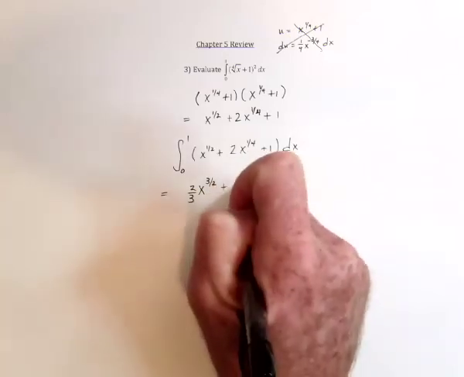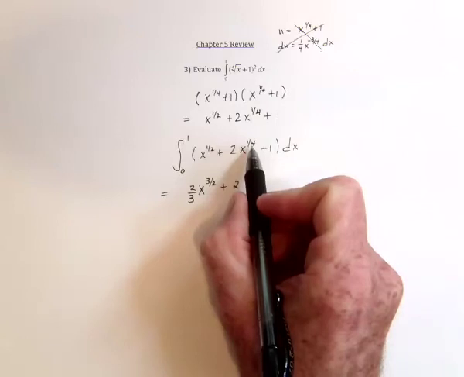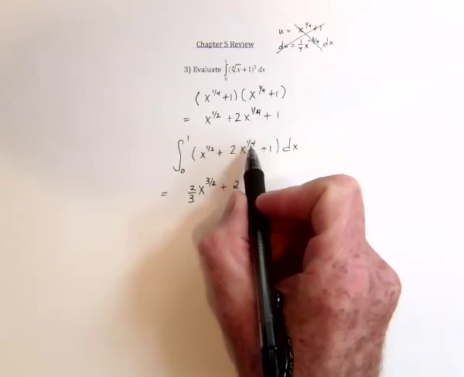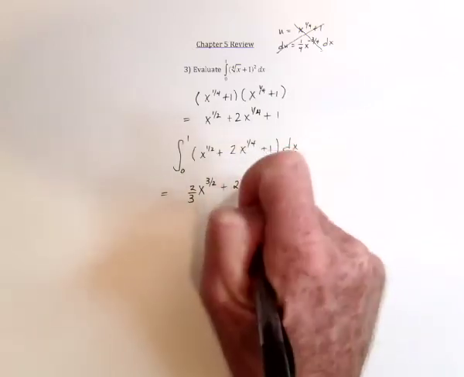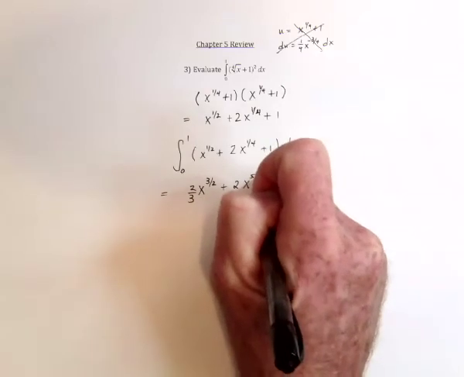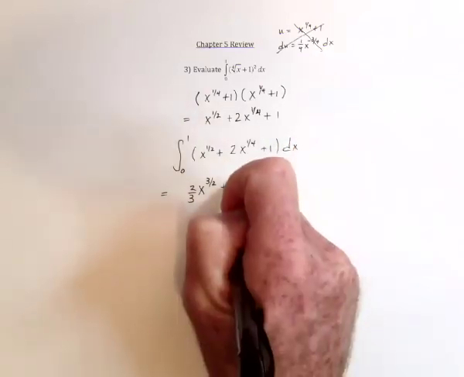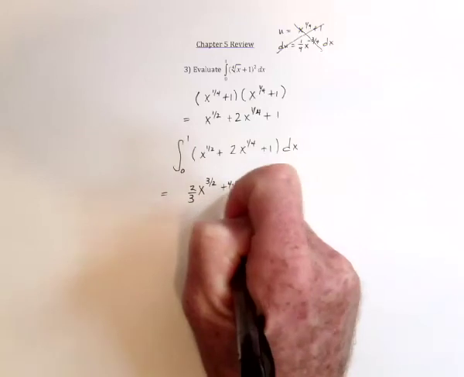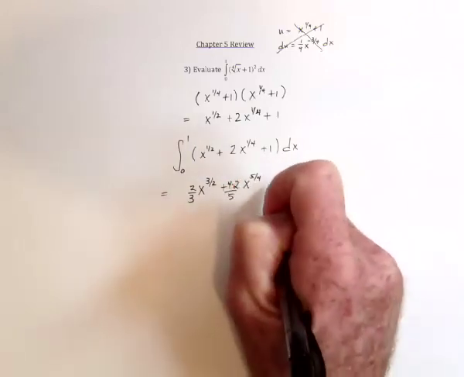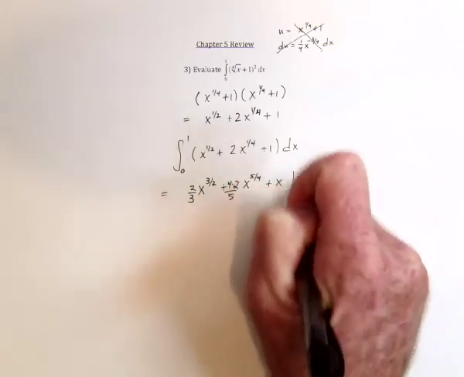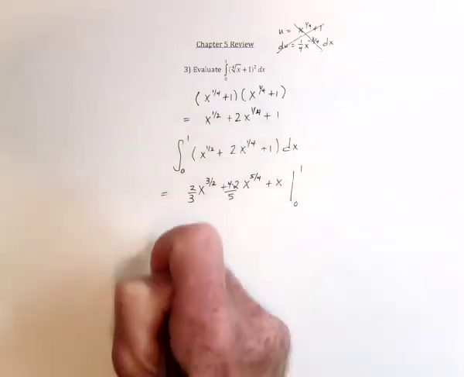The next one becomes add 1, so it's going to be 1 1/4, which is 5/4, and then invert and multiply by 4/5. And then the last one is just an x. Evaluate that from 0 to 1.